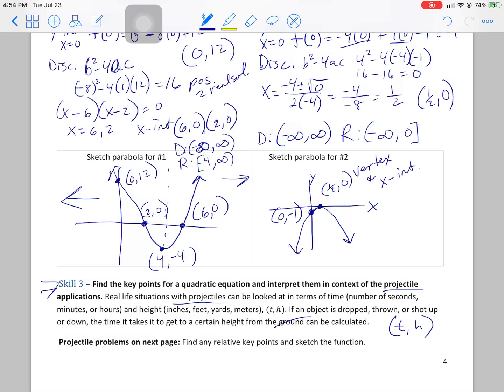Like when you shoot something, if you're standing there with a gun, it goes not from the ground, it goes from wherever you're holding it. And then you're finding a certain place that it lands. Let's say, when is a baseball at 20 feet, on the way up or on the way down? When does it hit the ground after being shot up or dropped down? And things like that. So we're going to do that on the next video.